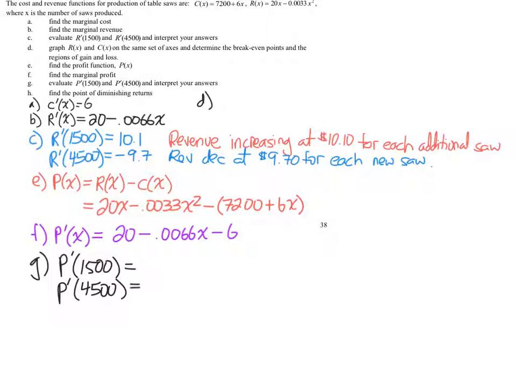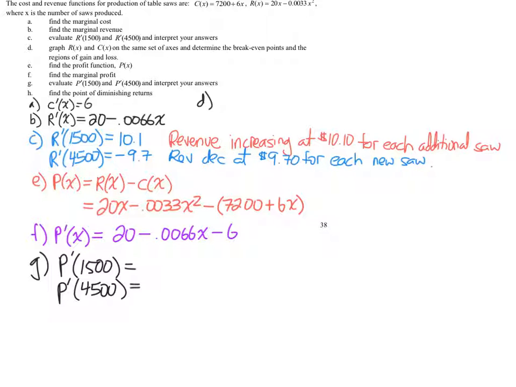So then it begs the question, well, why produce more saws? Is there some sort of optimal value? Is there some sort of perfect number of saws that we could produce that would allow us to optimize our revenue and then therefore our profit, right? So that's kind of what we're working towards. All right, so that was C.